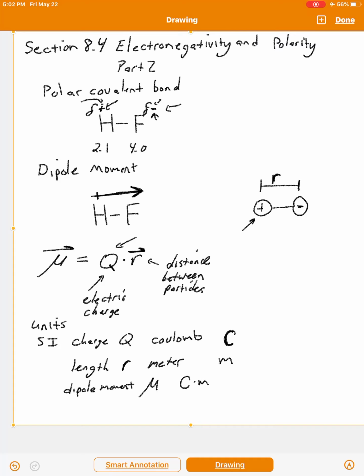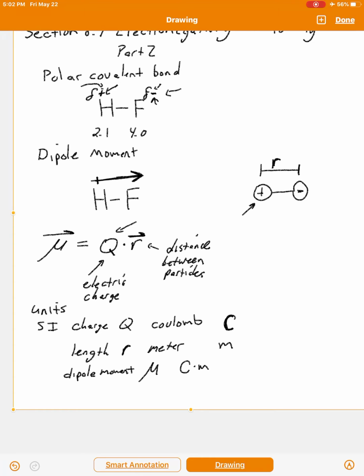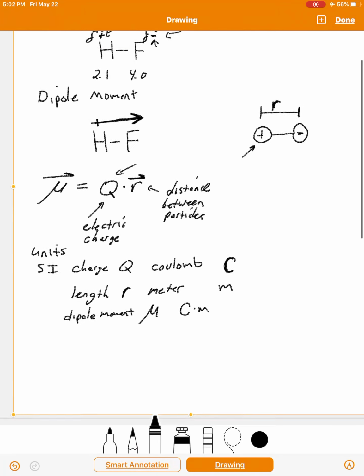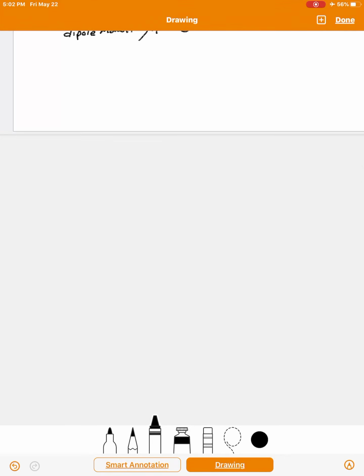That's not real practical. So what we do is we come up with a way of using a related unit, a derived unit. Okay? So the way we do that, just come up here, come down here. There we go.